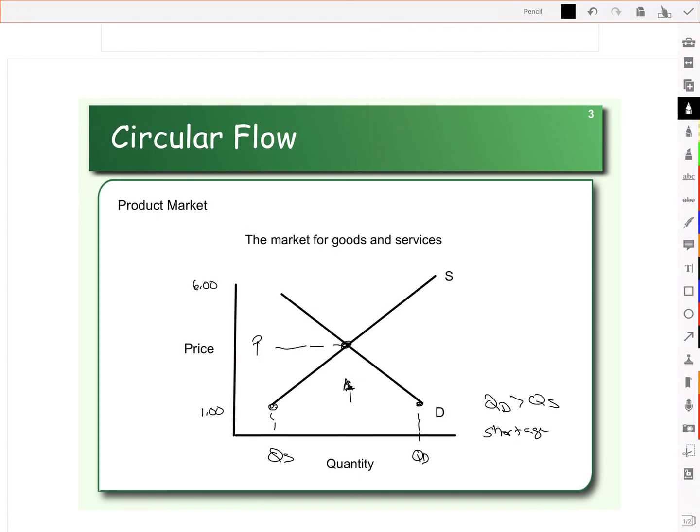Well, at the high prices, the amount that customers want to buy, that quantity demanded, is going to be much lower. But at $6, the amount that businesses want to sell, the quantity supplied, is much higher. If the quantity supplied is more than customers want to buy, then we have a surplus.